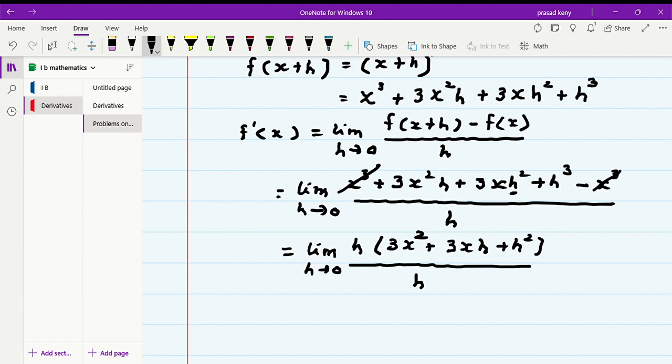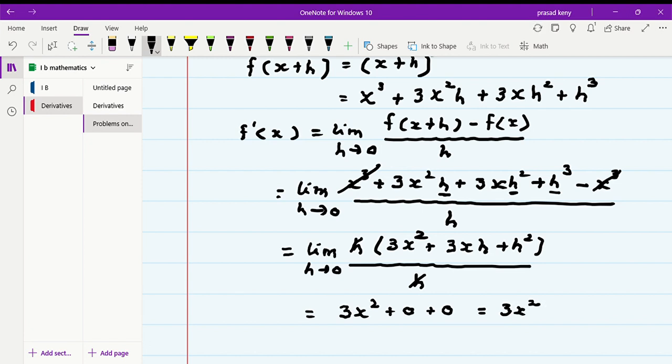So again h is getting cancelled, and in the limiting case, 3x square is not going to get affected by the limit, but 3xh and h square both will tend to 0. So finally the limit is 3x square.